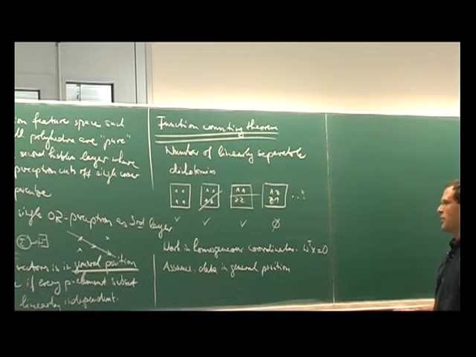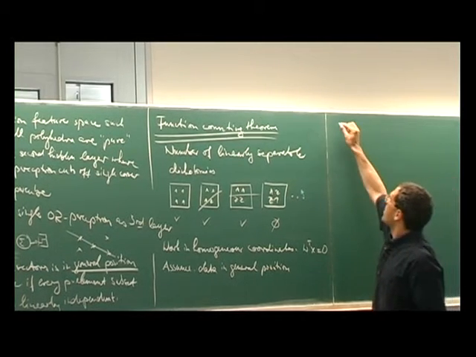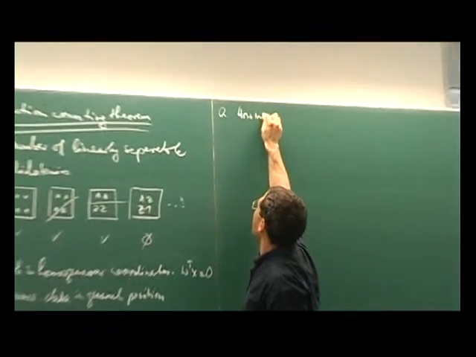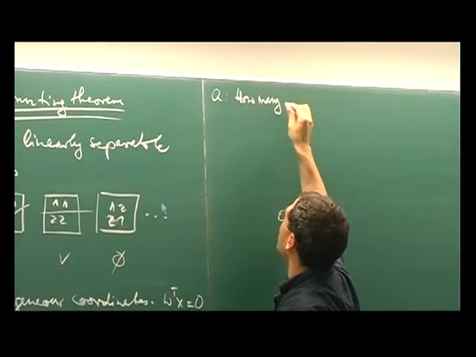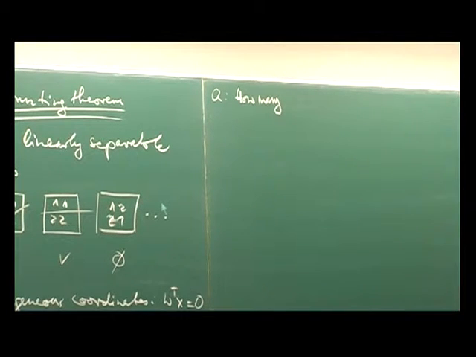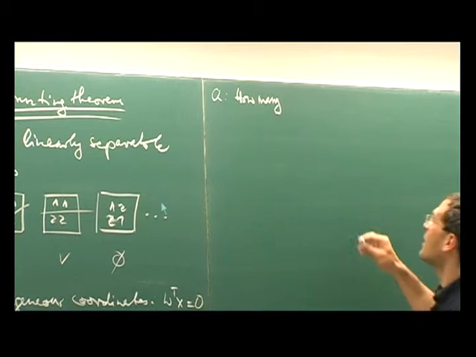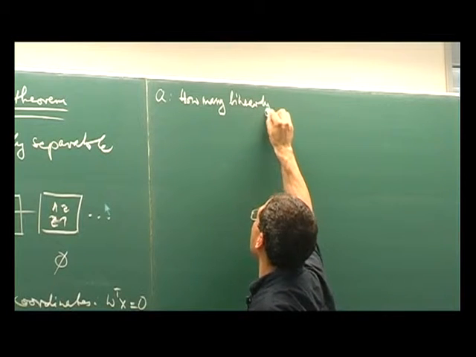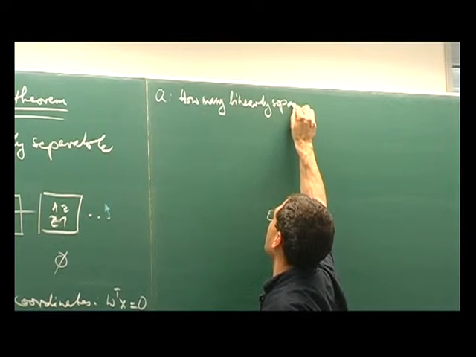Okay, and the question now is, assuming that we work in homogeneous coordinates and assuming that our observations lie in general position, how many linearly separable dichotomies are there?